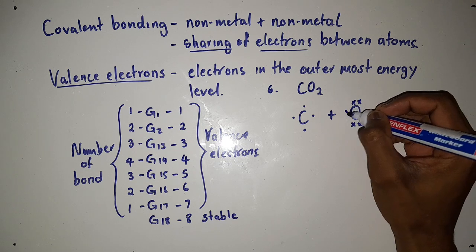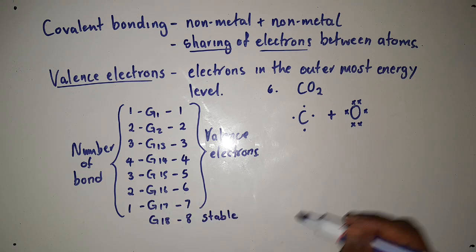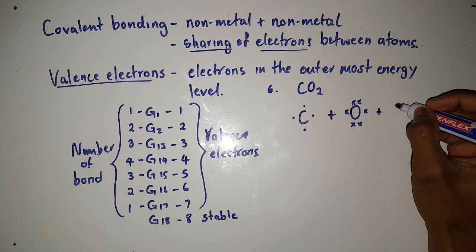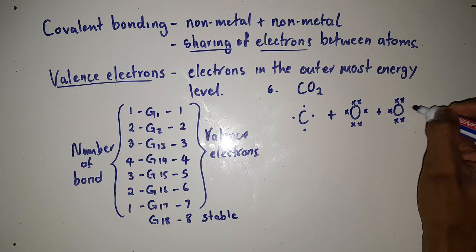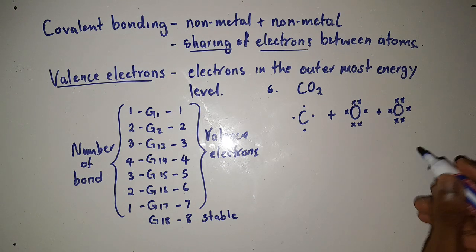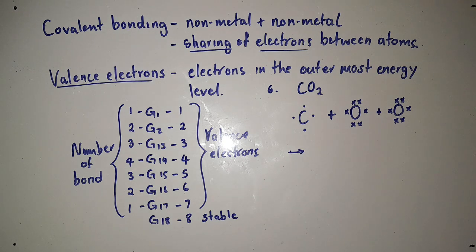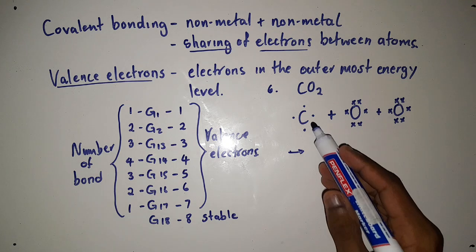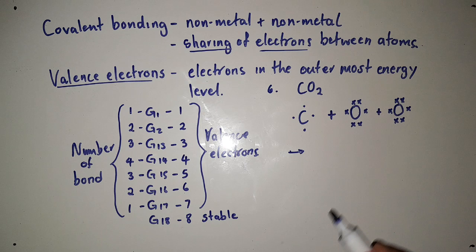We already know for this one that is situated in group number 16, plus another O again like this, number 16 like this. I don't have much space. Let me write it somewhere here. Now we have a situation here. We have carbon together with oxygen.